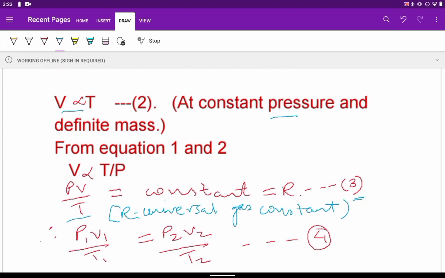Now since I am saying that PV by T is constant, if there are two conditions, state 1 and state 2, then P1 V1 by T1 will be equal to P2 V2 by T2. So when the pressure, volume and temperature are varied, this relation between pressure, volume and temperature remains constant.